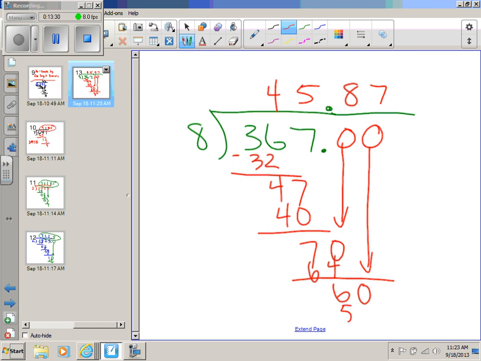Which is? And I got a 4 left. What to do, what to do, what to do. Another 0. 8 into 40. 5 gives me 40. Done.